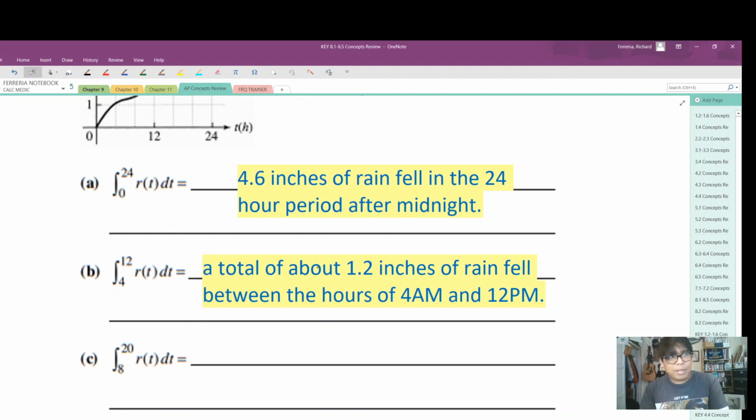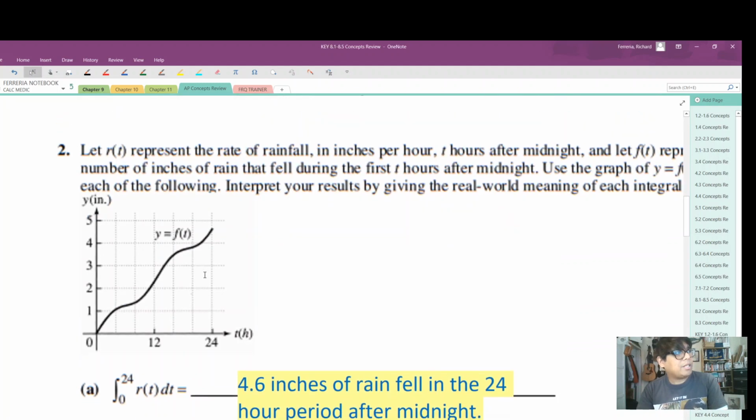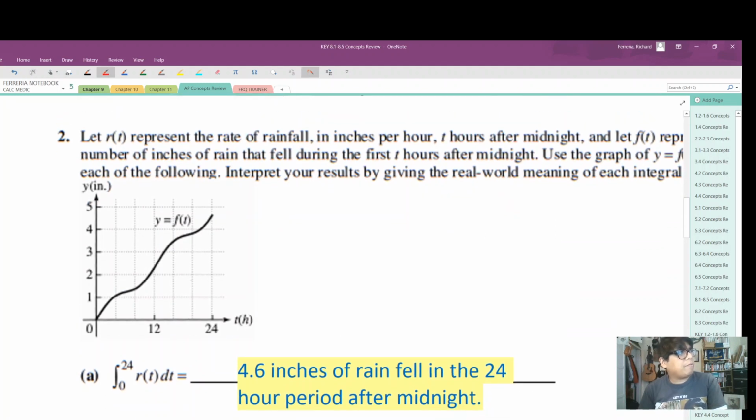So let's estimate that. At t equals 20, which would be this fifth line, you can estimate about 3.9 inches of rain that fell since midnight. At t equals 8, this second line right here, it looks like about 1.4 inches of rain fell since midnight.